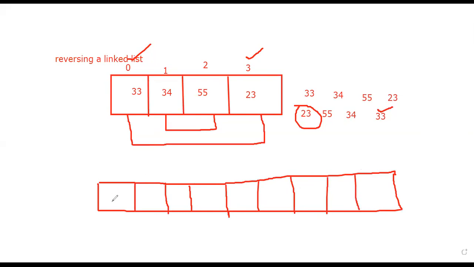See here, for example, 1, 2, 3, 4. Randomly I'm taking all these values. You can take any values, not a problem. 6, 7, 8, 9. 1 to 9. That means how many elements? 9 elements I'm taking.